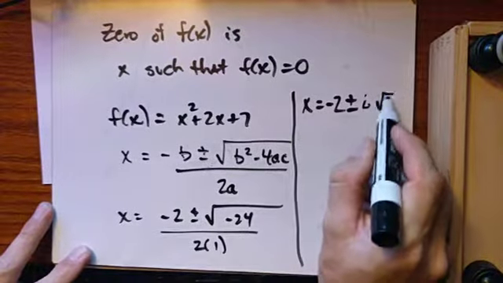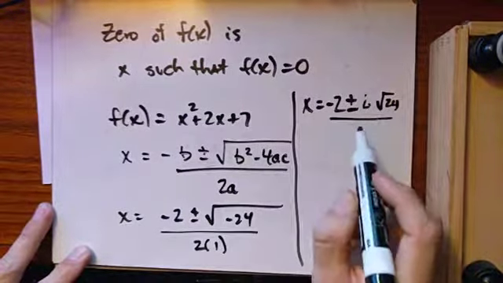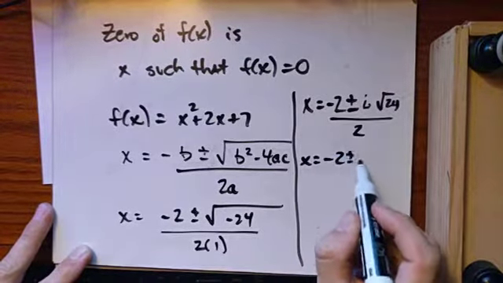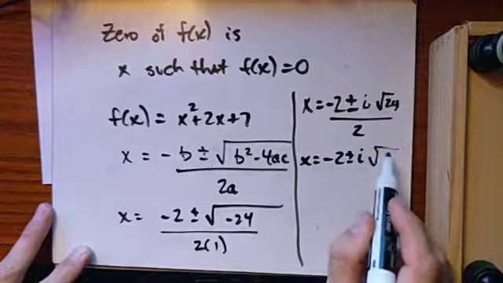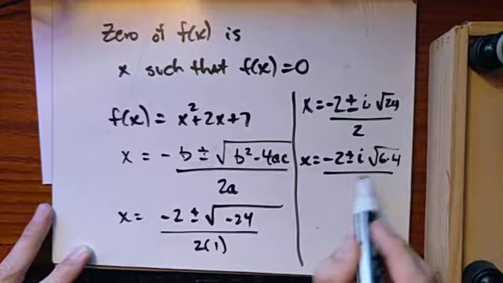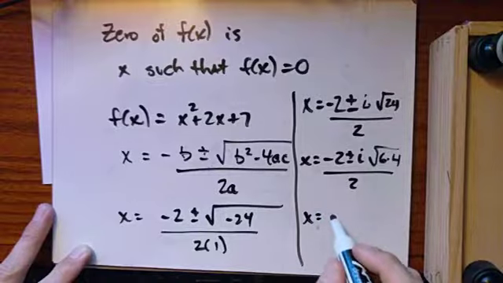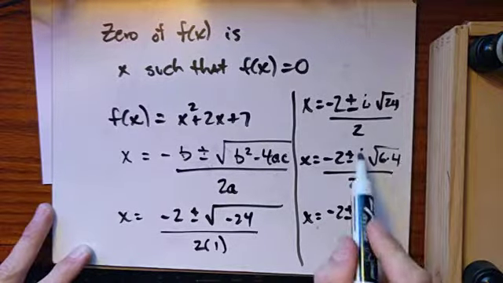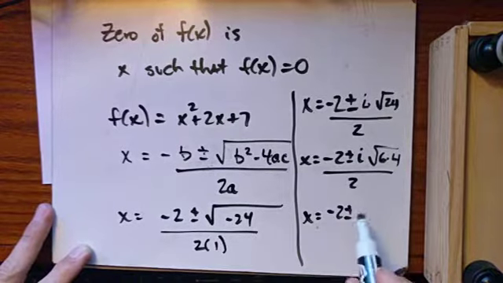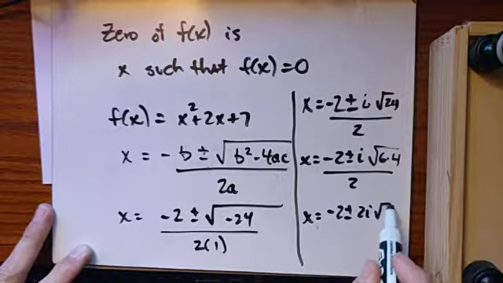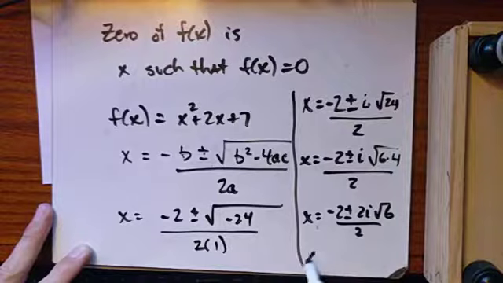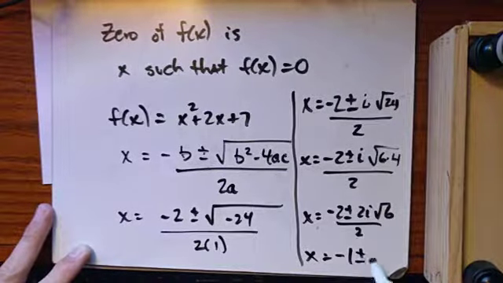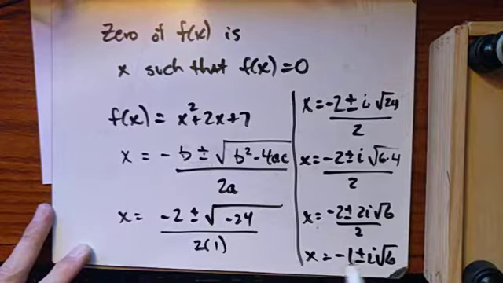And then we're going to do the square root of 24. 2 times 1 is 2. 24 factors into 6 times 4. What's the square root of 4? It's 2. So this is actually 2i times the square root of 6 divided by 2. And then each one of these up here can be divided by 2. So negative 1 plus or minus i square root 6.